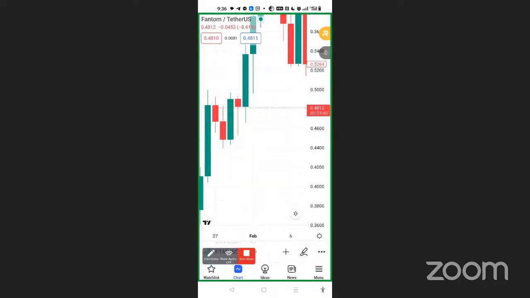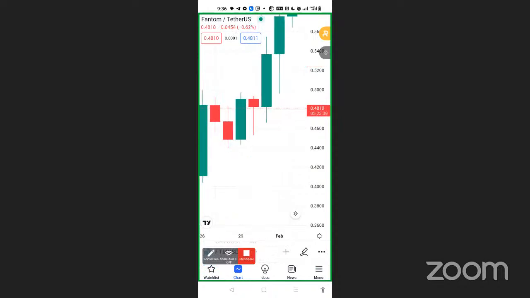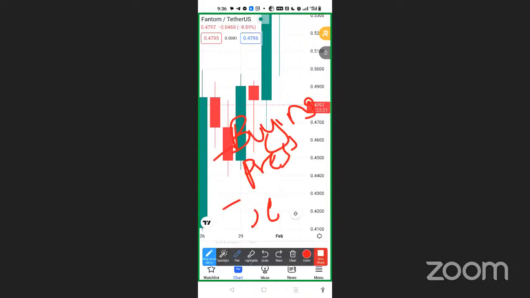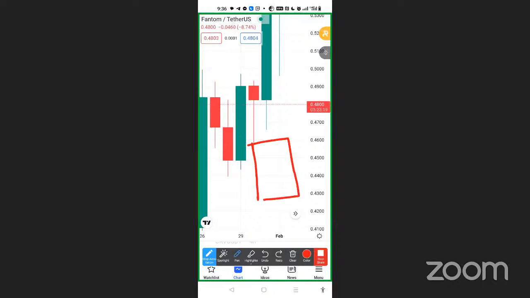For example, if we remember how red candles are formed, we have said that a red candle, this is a red candle, this is the body that I'm shading.